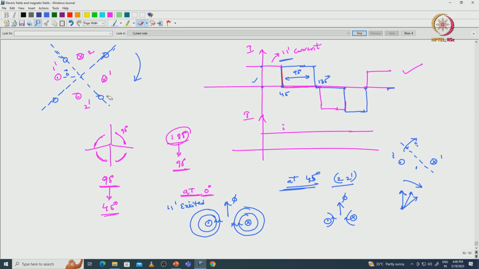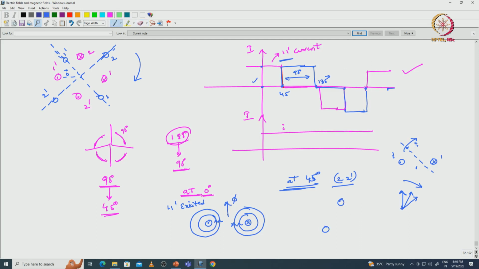This is 1 dash, this is 2 dash, right. So, we are exciting 2 dash at 45 degrees. 2 dash is sitting at this particular location.